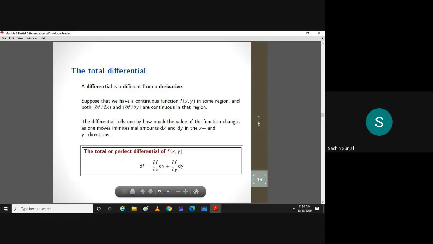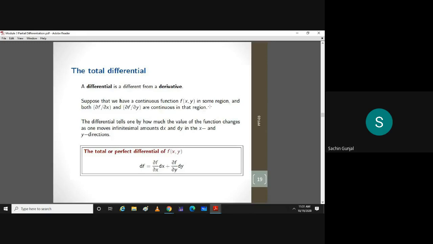So the total derivative or differential of f of x, y is given by df and defined as ∂f/∂x dx plus ∂f/∂y dy, where dx and dy are small changes in x and y. So the total differential of f is equal to ∂f/∂x dx plus ∂f/∂y dy. Please note this down. Definition of total derivative of f.